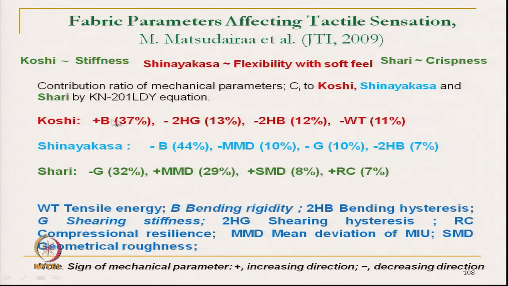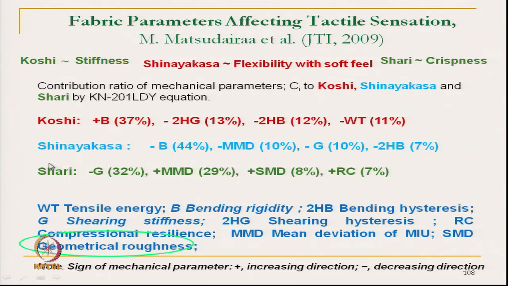So the concept of Kochi is not that straightforward, it is an overall concept related to other parameters too: WT, the tensile energy, bending hysteresis, shear stiffness, shear hysteresis, compressional resilience, MMD, the mean deviation of mu, and SMD, the geometrical roughness. All these parameters are related here.